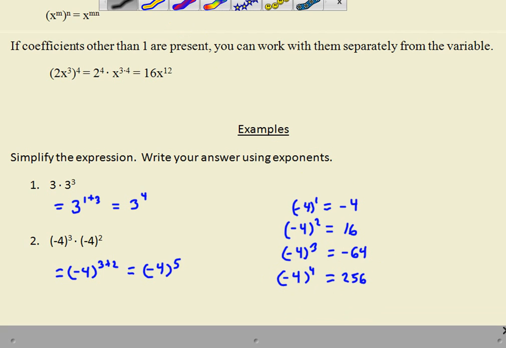So notice that when we have an odd exponent applied to a negative number, we get a negative result. Odd exponent gives us a negative result, as opposed to when we have an even exponent, we get a positive result. Even exponent gives us a positive result.